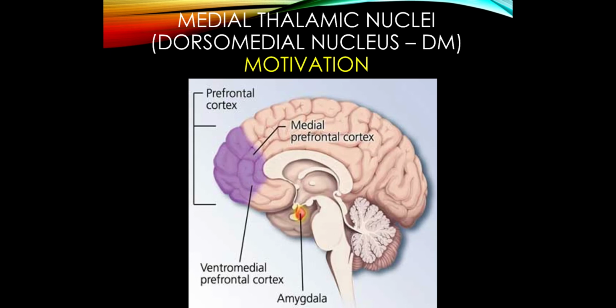So both of these first two thalamic nuclei are related to the limbic system. It's always dangerous to summarize this in one word, but I think motivation would be, if I had to sum it up in one word, the function of the dorsal medial nucleus in relaying information from the amygdala to the medial prefrontal cortex here.